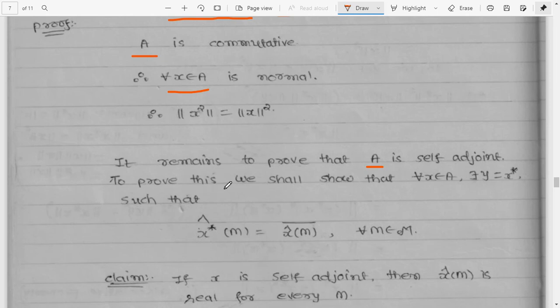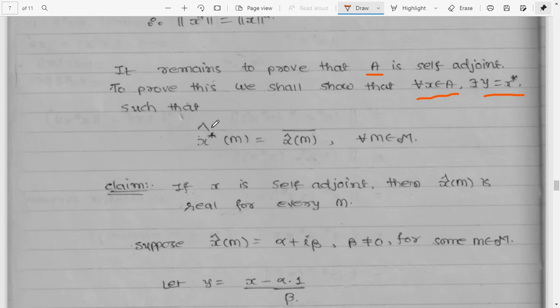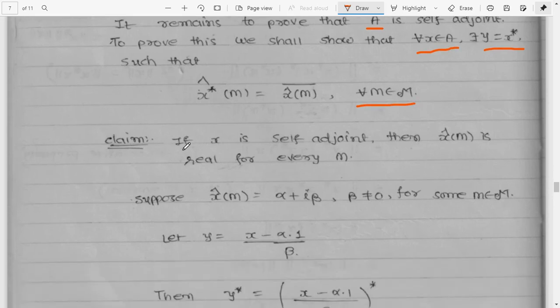To prove this, we shall show that for every x belonging to A, there exists y equal to x star such that x star cap of m is equal to x cap of m conjugate for every m belonging to script M. Now the claim is if x is self-adjoint, then x cap of m is real for every m.